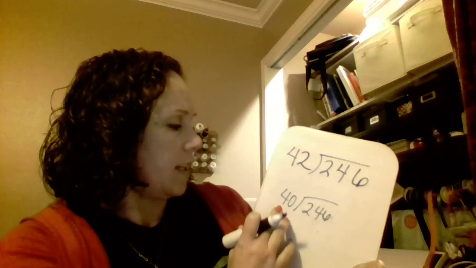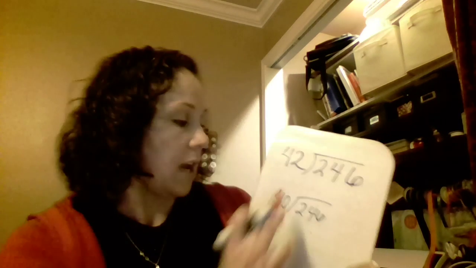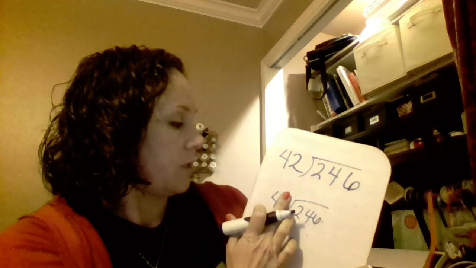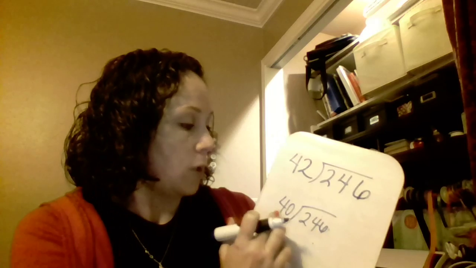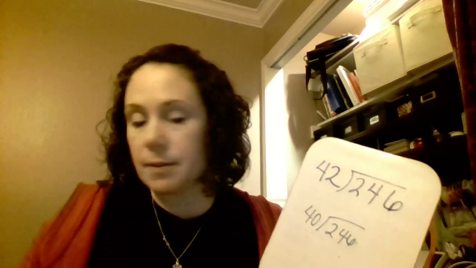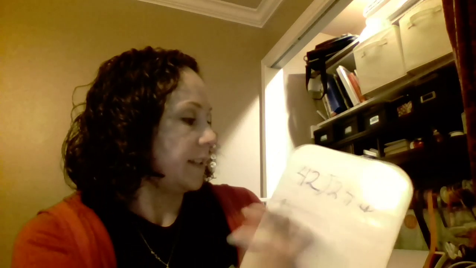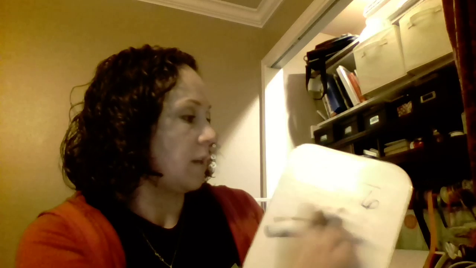Then we can go back a little bit further and say, how many times does 4 go into 24? Well, we know 4 will go into 24 6 times. So let's try 6 with this number here.